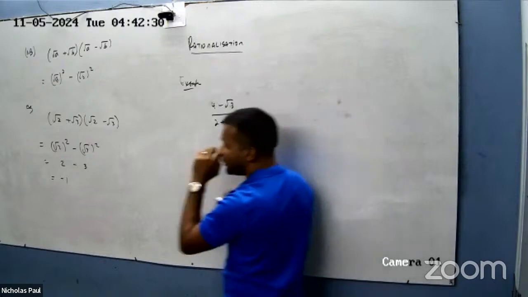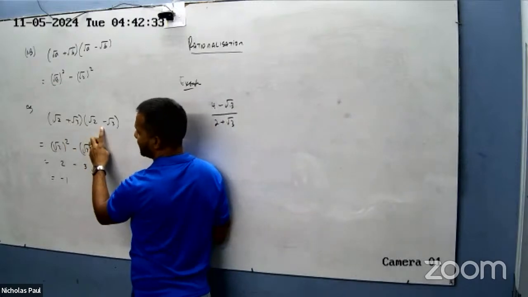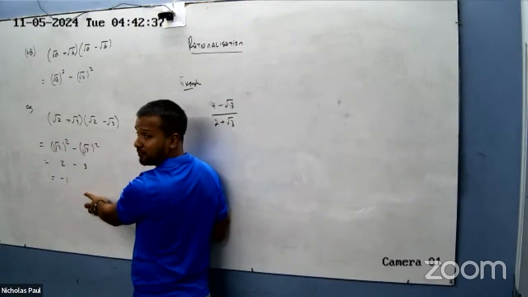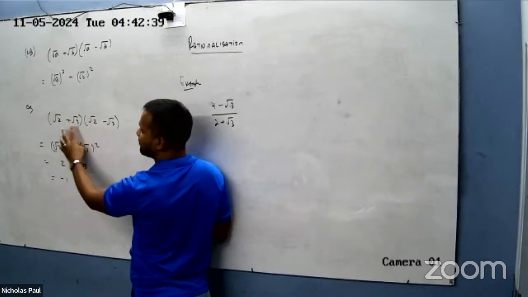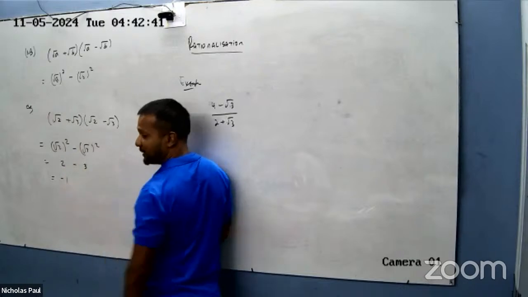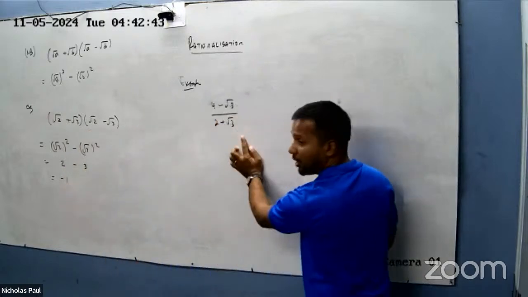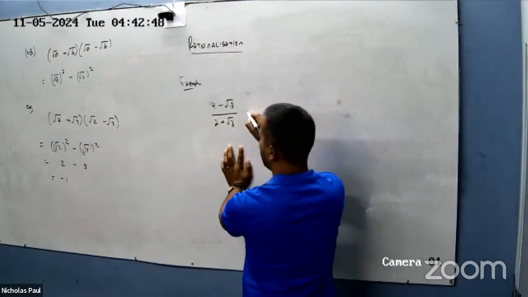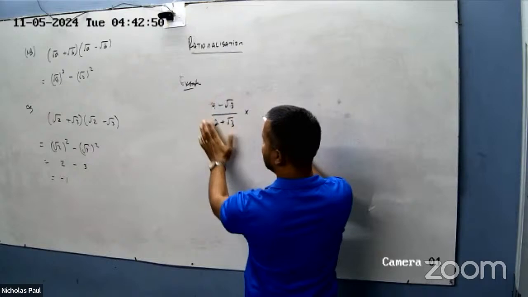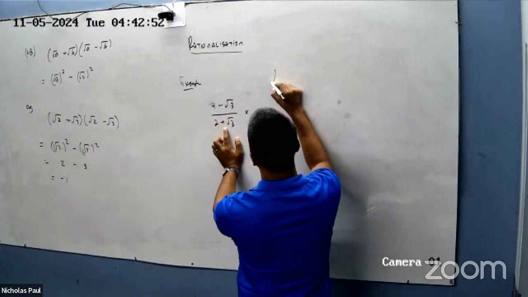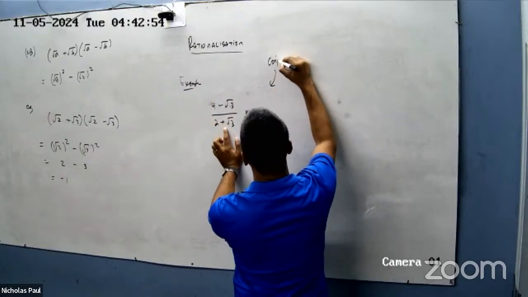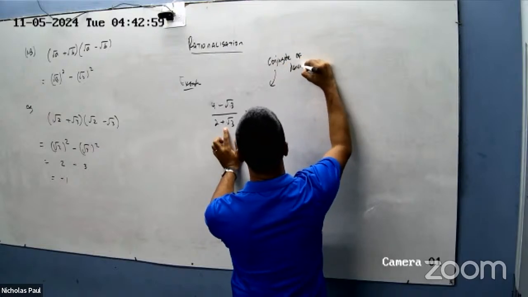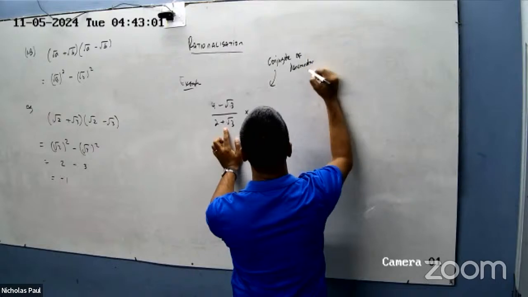And you'll recognize every time I multiply by the conjugate, I no longer have surds. You're seeing that? Every time I multiply by the conjugate of something, I'm not getting any surds. So I don't want any surd at the bottom. So I'm going to multiply this by the conjugate of the denominator. Okay?